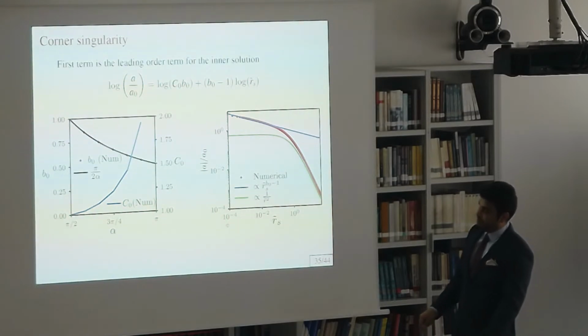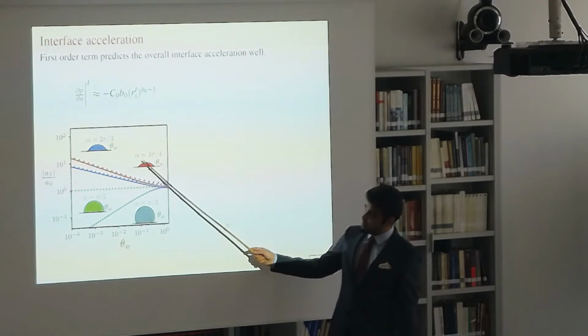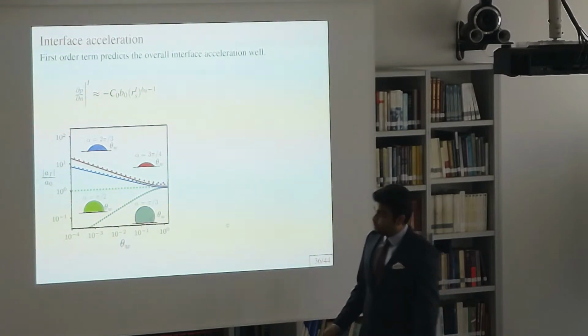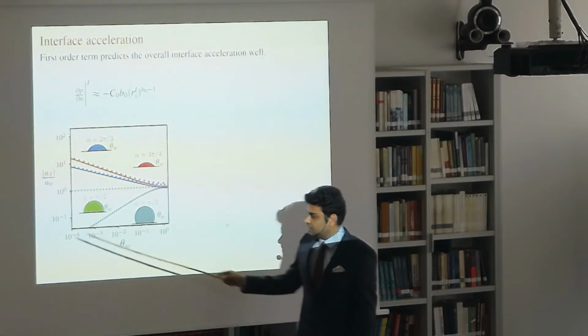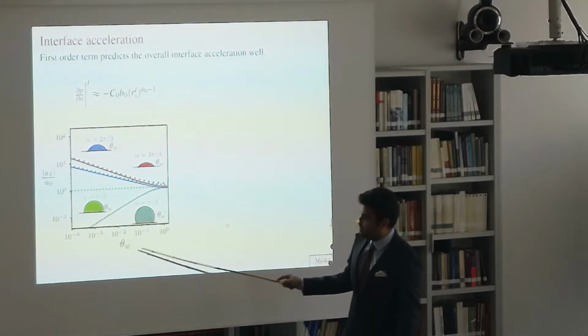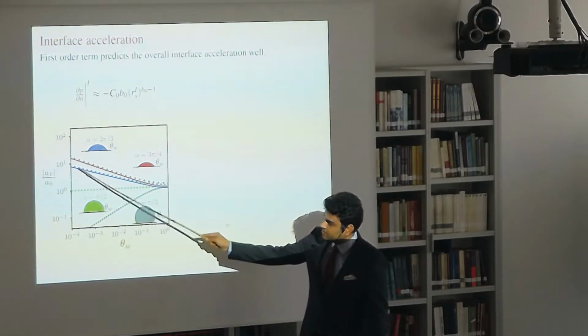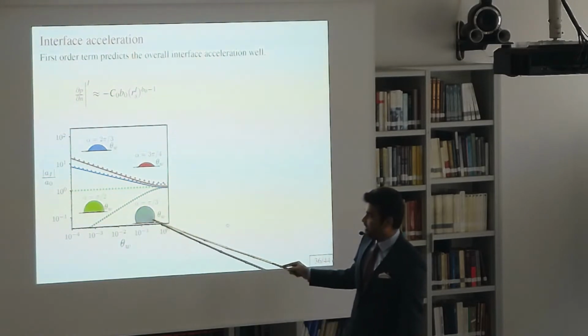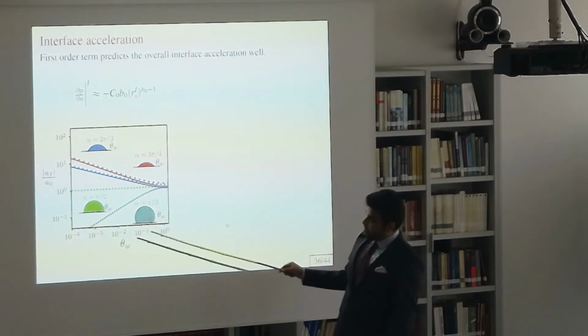But can we predict the acceleration along the bubble interface? Which is what I show here. I show the interface acceleration as a function of this polar angle, which we call theta wall. It is the angle which is 0 at the contact line, and it is pi by 2 at the axial location.